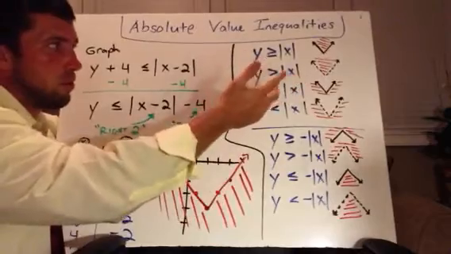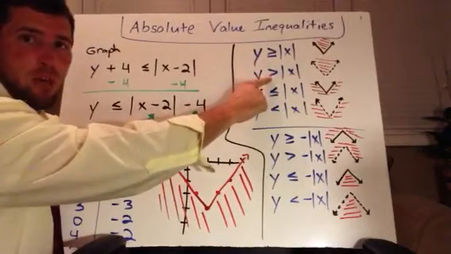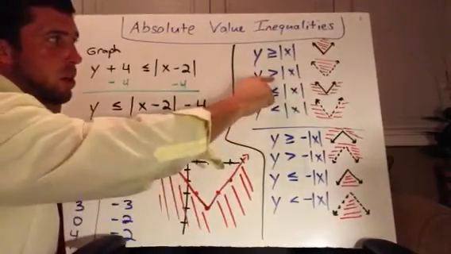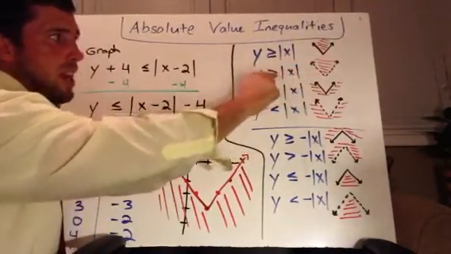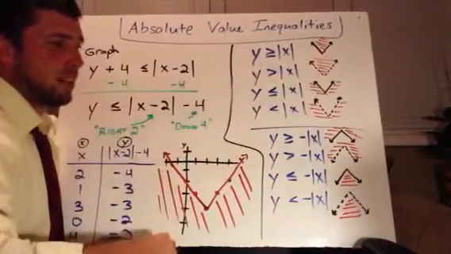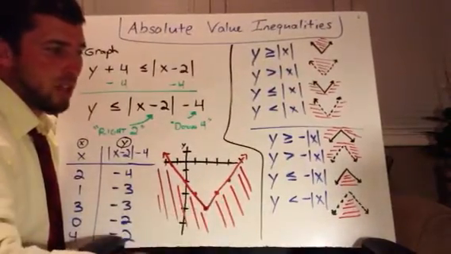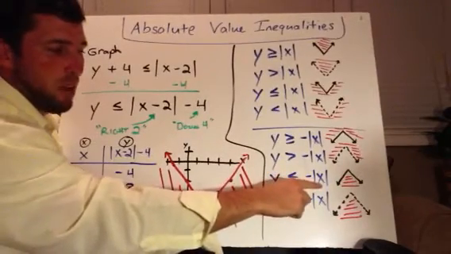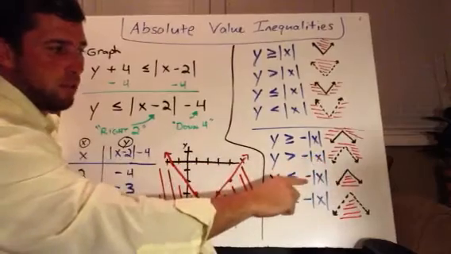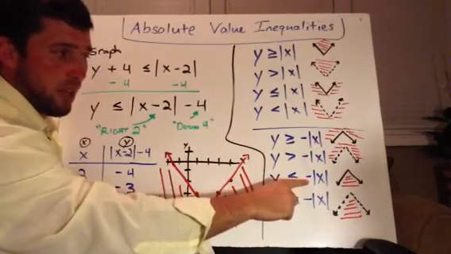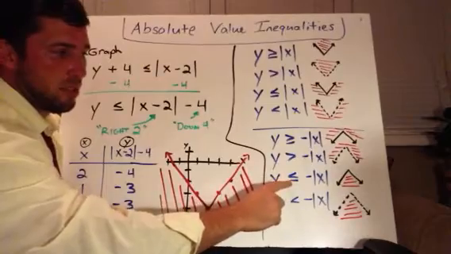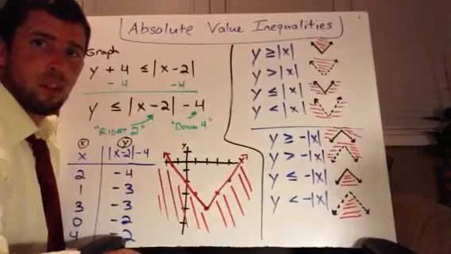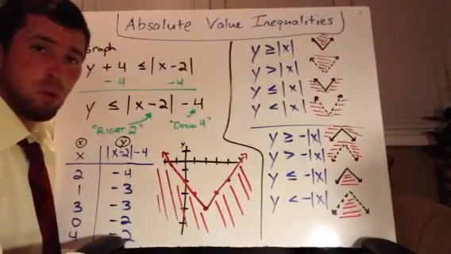So, for example, when y is greater than the absolute value of x, I have an upwards V, and I'm greater than, I'm not equal to, so I dash it and I shade above it, which means on the inside. And contrast that with one like right here, less than or equal to negative absolute value of x, so it's going down because it's negative, a reflection about the x-axis, and it's less than, so I'm going to shade underneath it, and it's equal to, so I have a solid line. Alright? There you go. That's 2.8 in a nutshell.